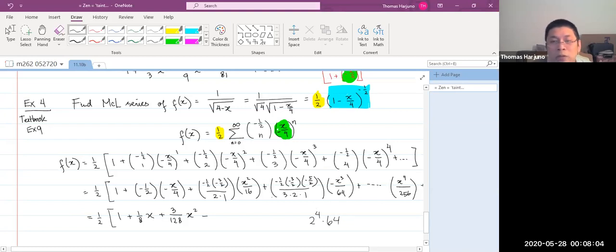It's 1000 something. And this is plus 1024. And on the numerator, I have 5 x cubed.